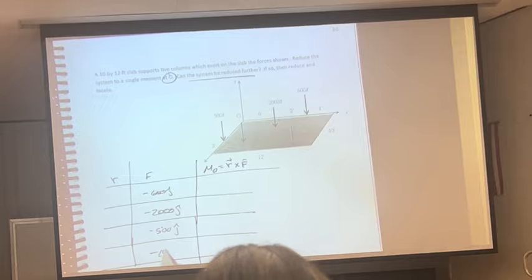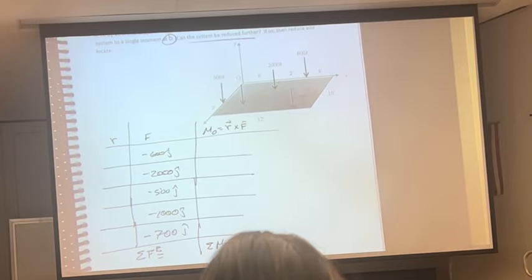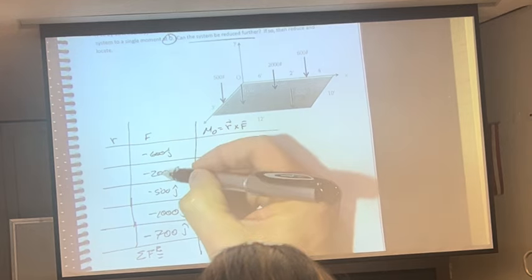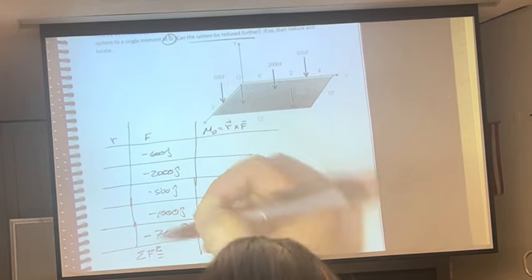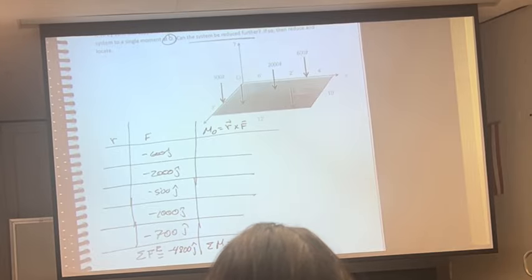Minus 1000J. And minus 700J. I'm going to sum this. This will be my force resultant. I'm going to sum this. This will be my moment about O resultant. Well, if I sum these, I'm going to get minus 4800J. That's my single force resultant.